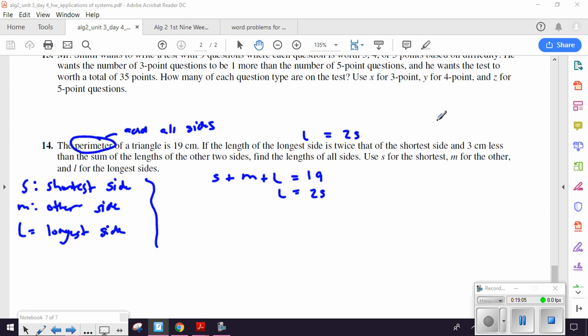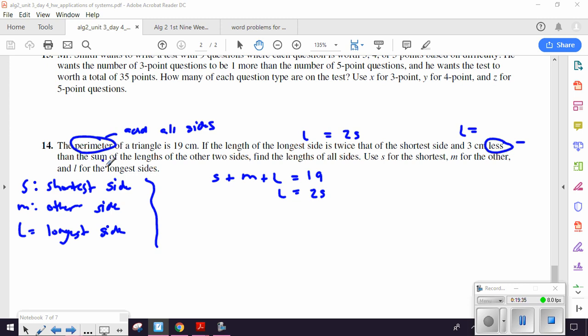It also says the longest side is 3 centimeters less than the sum of the lengths of the other two sides. So again, L is 3 centimeters less means to subtract, and we're subtracting the sum of the other two.